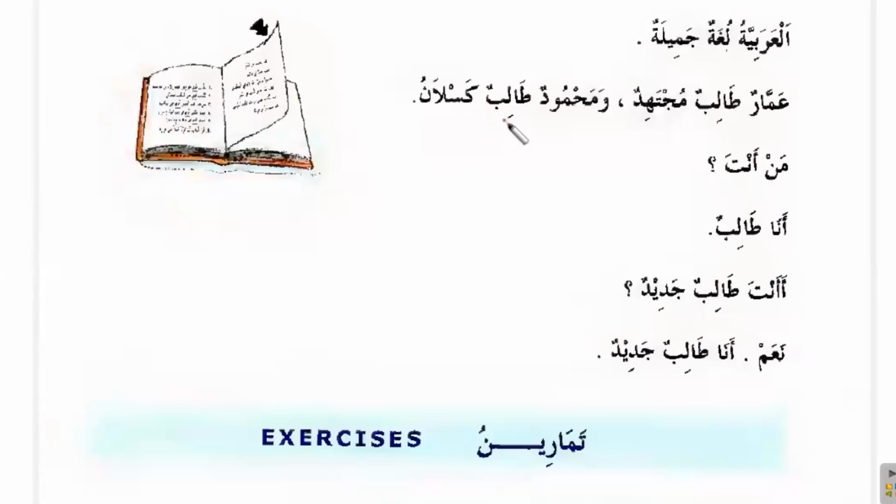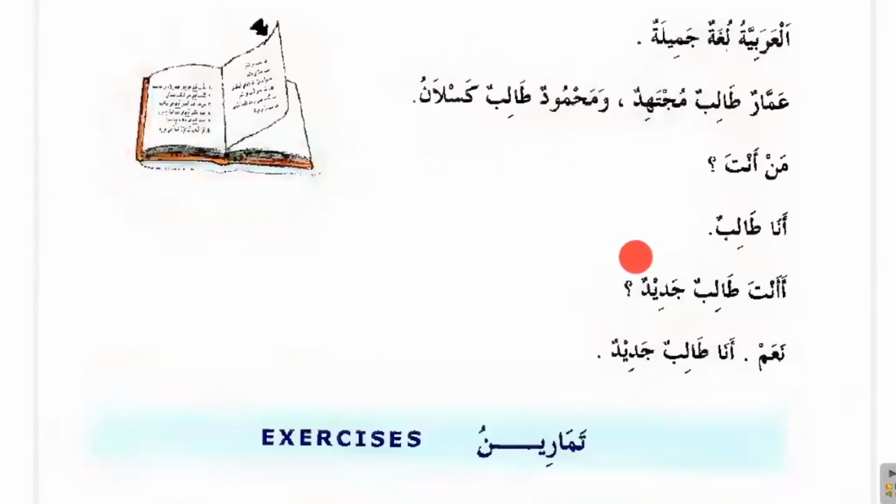Okay, I want to say something. Please observe here. You can see that here has tanwin, but here does not have tanwin. But we said they must follow each other in terms of definite or indefinite, nakira or ma'rifa. Right? So why? Limaza? Why is there tanwin here and none here?